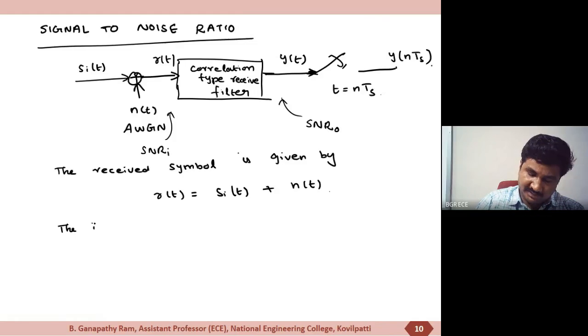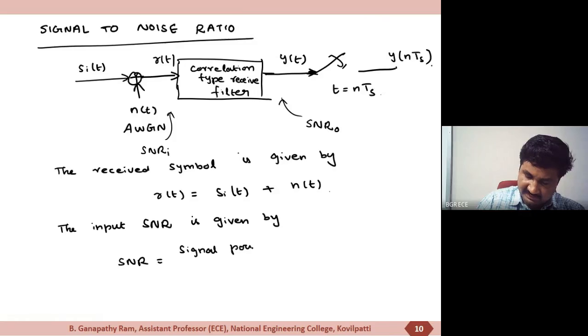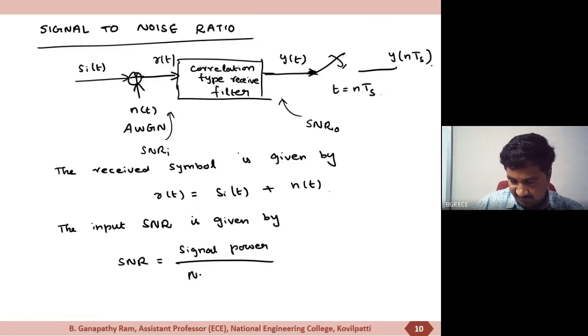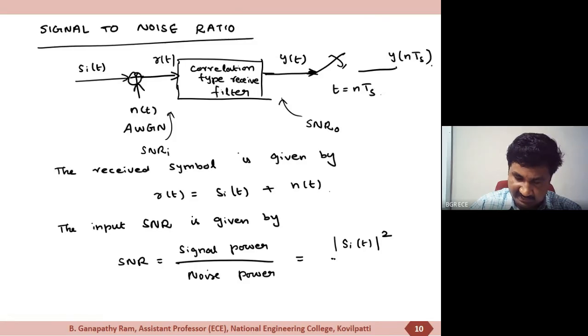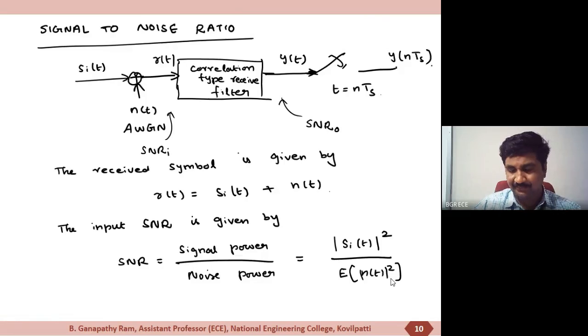So the input signal to noise ratio can be calculated as signal power over noise power. The signal power can be estimated as Si of t square divided by the noise power, which can be estimated as N of t the whole square.